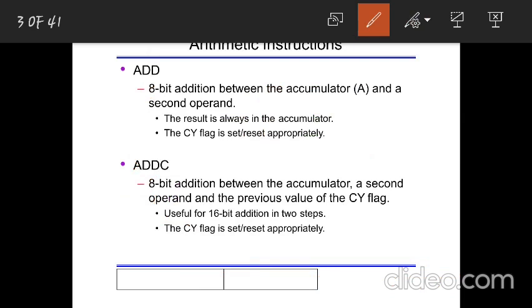So this addition is 8-bit addition between the accumulator and any second operand. So in this case the instruction was ADD A, R1. Okay.